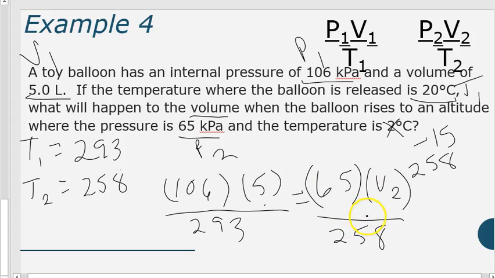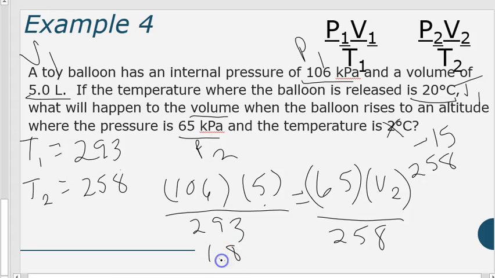And whatever number you get here, you would divide over here. Okay, so let's do that real quick. So we have 106 times 5 divided by 293. And that gives us 1.8.